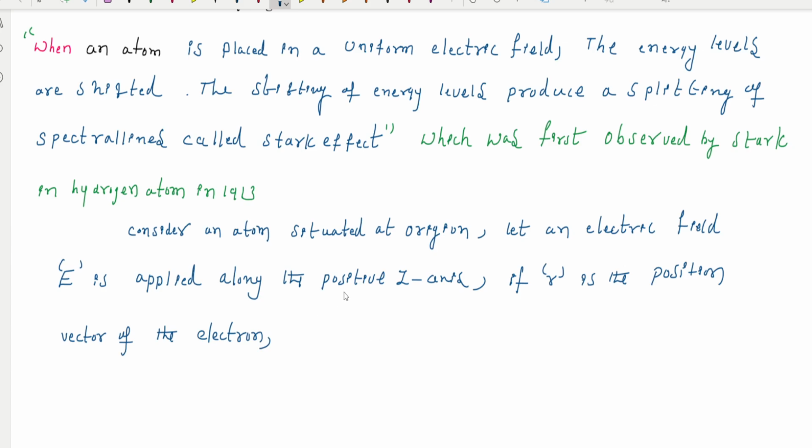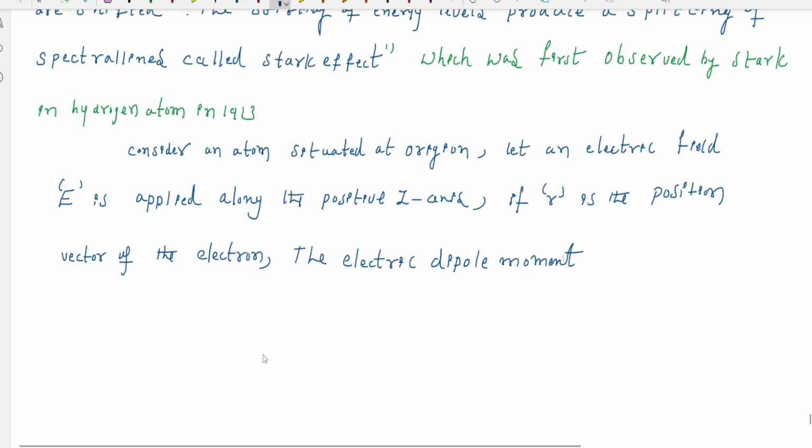the dipole moment, especially the electrical dipole moment, okay. What is electrical dipole moment? So this atom, the nucleus is there, the hydrogen atom, and around this one the electron is there.